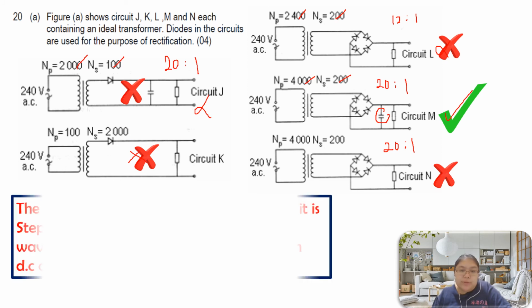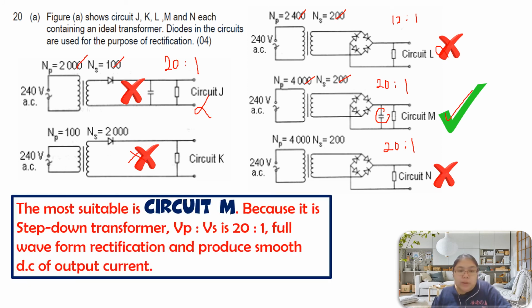The most suitable is circuit M. Reason: because there's a step down transformer, the ratio is 20 to 1, full waveform of rectification, and it produces a smooth direct output current. We just repeat all the aspects, then we just finish. Then we're going to see the next one.